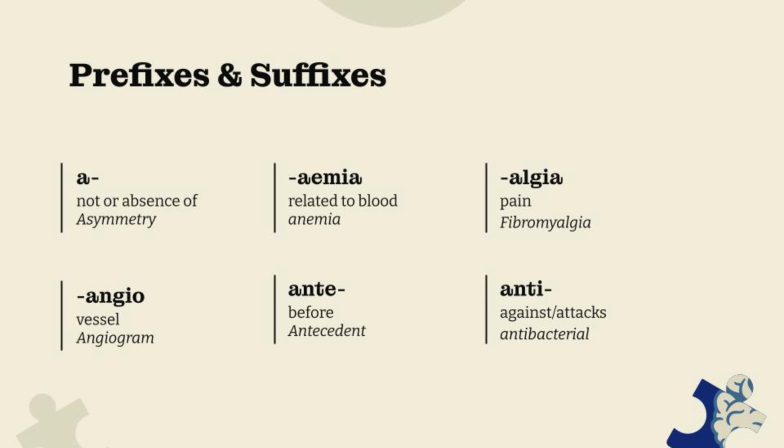Angio is vessel. For example, an angiogram, which is a scan that shows blood flow. Ante is before, so an antecedent is a good example. Antecedent is like a preceding event or story. So ante, before. Anti is against or attacked.